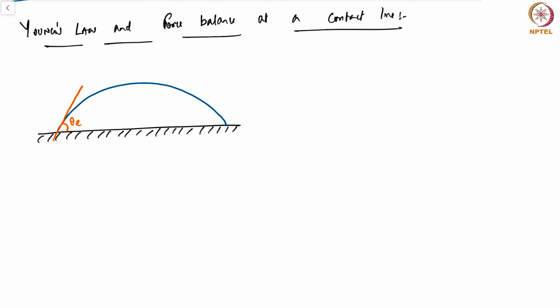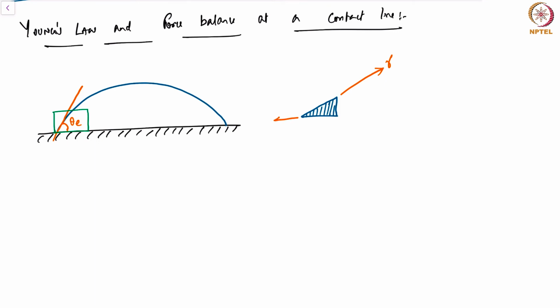Now let's examine a small region in the vicinity of this contact line. If we examine the small region, what we have is a small wedge. And along this wedge, we have three surface tensions. We have the liquid gas surface tension, which you can simply call gamma.